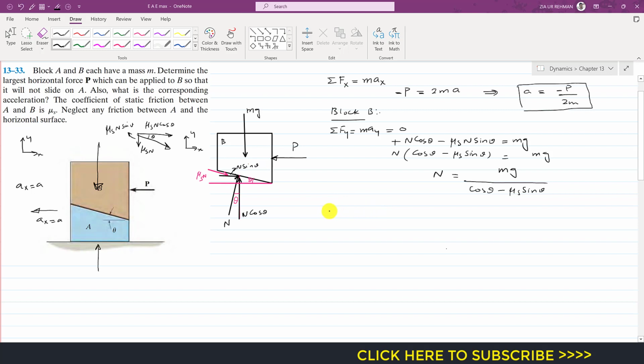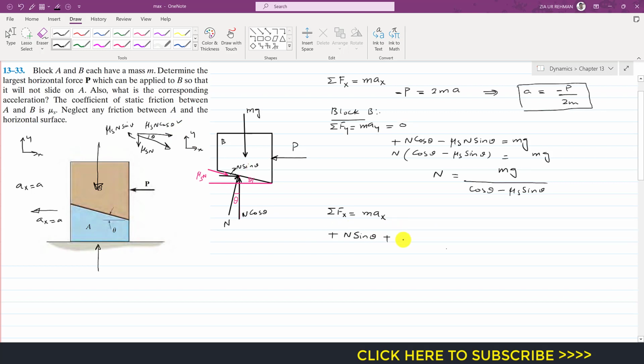Now if I apply the summation of forces along x equals max, we can see that this sine component of the normal force is acting in the positive x direction. So I will write plus N sine of theta plus this cos component of mu s N, that is the friction force.